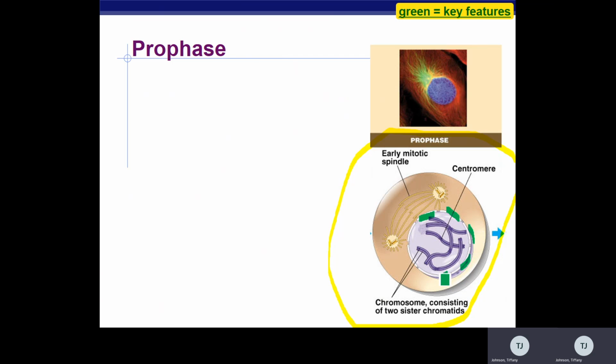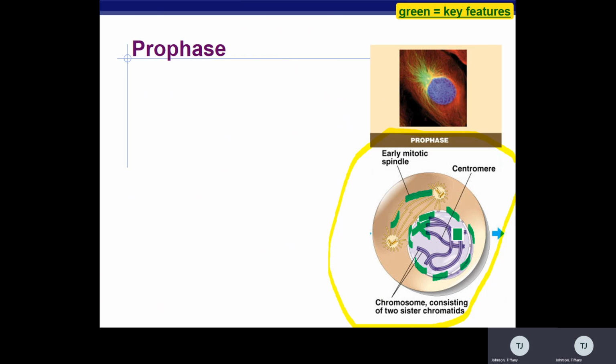Because during prophase, the nuclear membrane starts to break up. I also want you to put like an X mark through your nucleolus because the nucleolus disappears. I also want you to notice that the centrioles start to move and they start to kind of extend these spindle fibers out. Start to get the spindle fibers so you can see that.